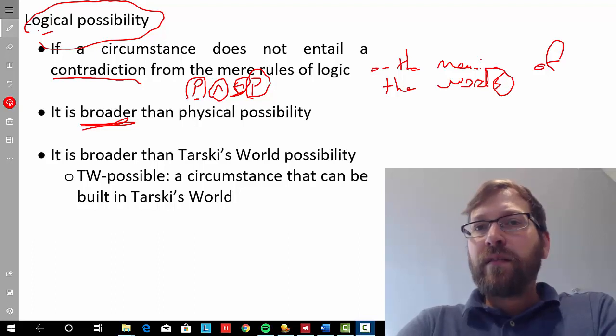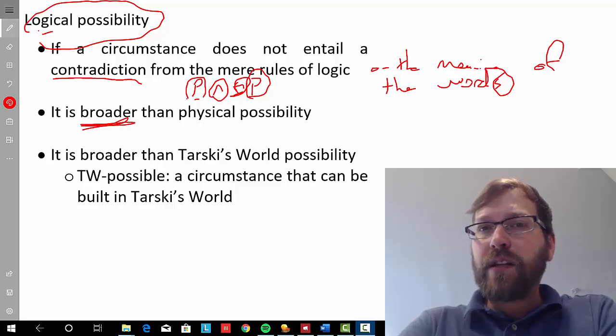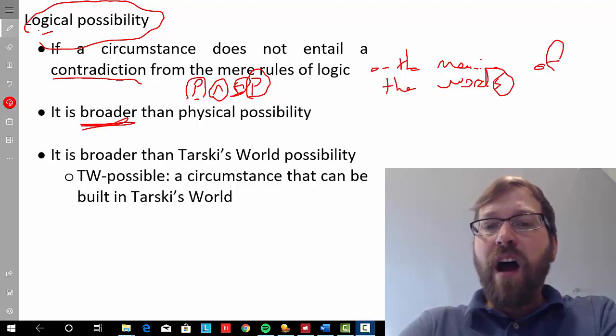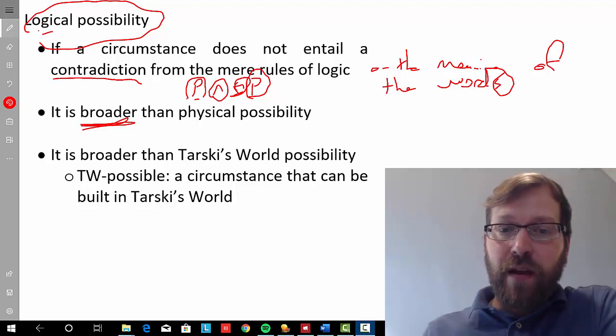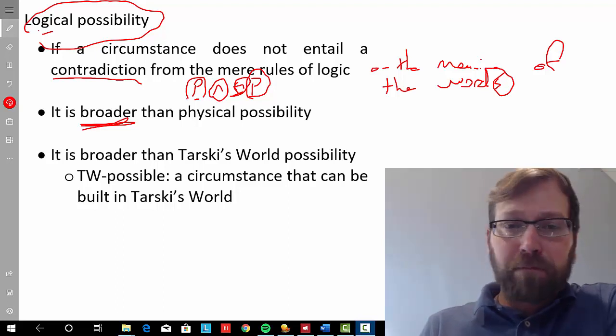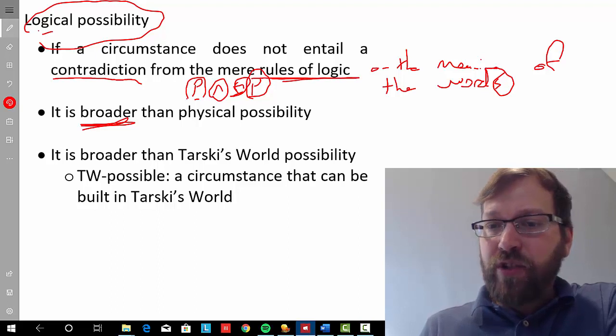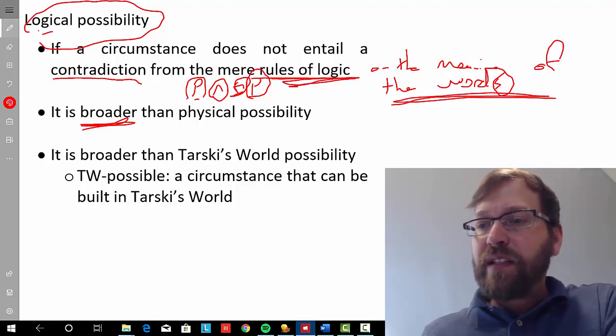But the reason that's impossible has something to do with the constraints of the physical world in which we find ourselves. It's not a matter of the rules of logic, and it's not a matter of the meanings of the words.